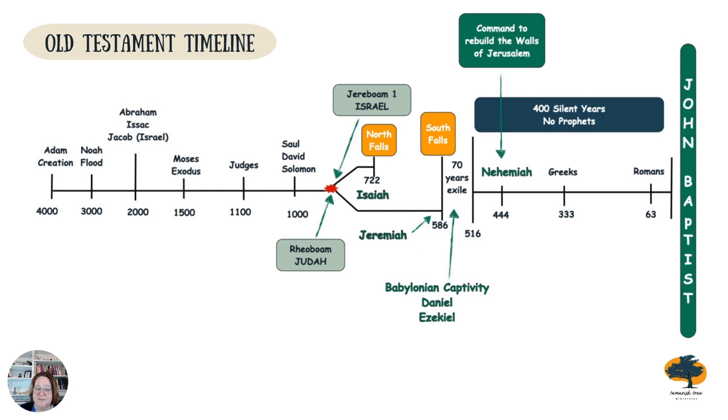Hmm. So at this point, once they've settled in the land, they've conquered most of the territories that they were told to, not all of them. Again, we'll get into the map on that, and we'll get into what they were successful at and what they were unsuccessful at in completing their mission.